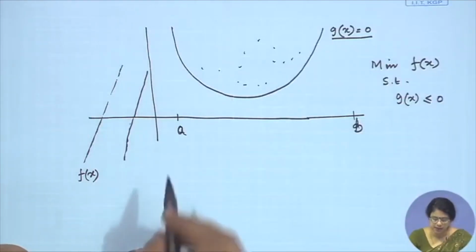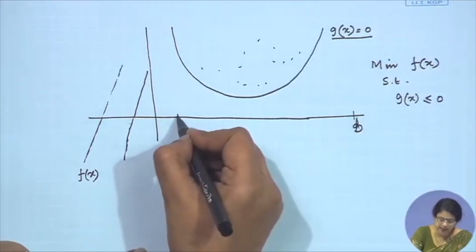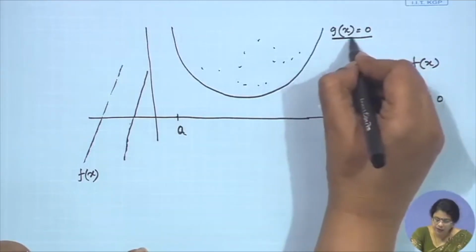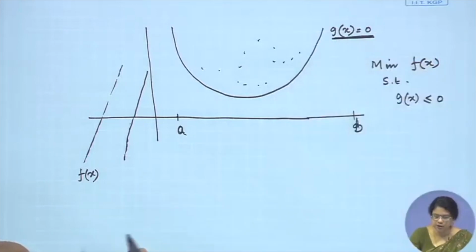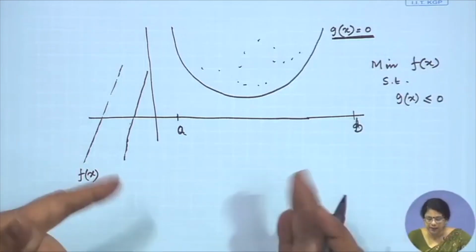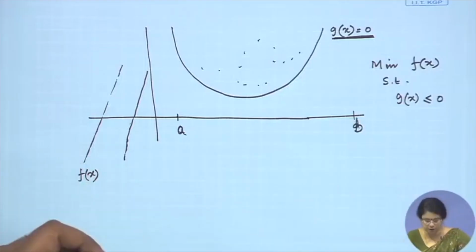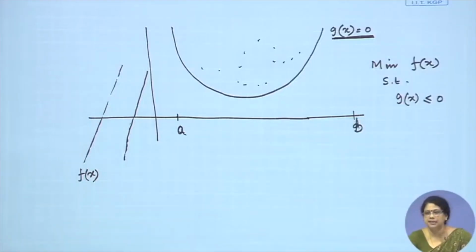We will consider a point A. This is a nonlinear function g(x), but how do we make it a linear function? We know Taylor's theorem. Through the Taylor series, any nonlinear function can be expanded at a point.